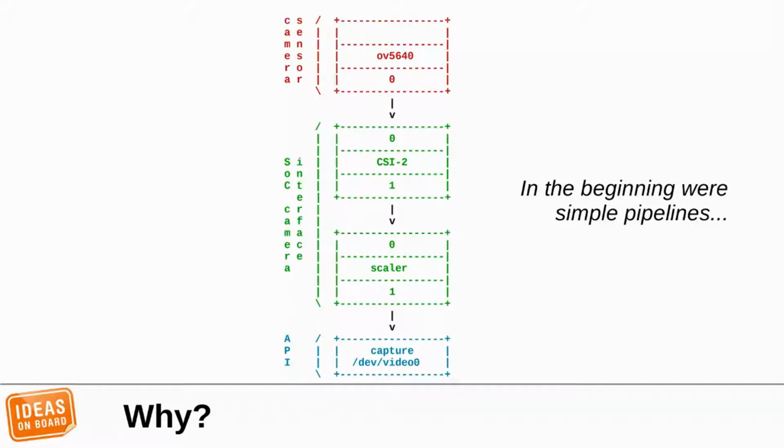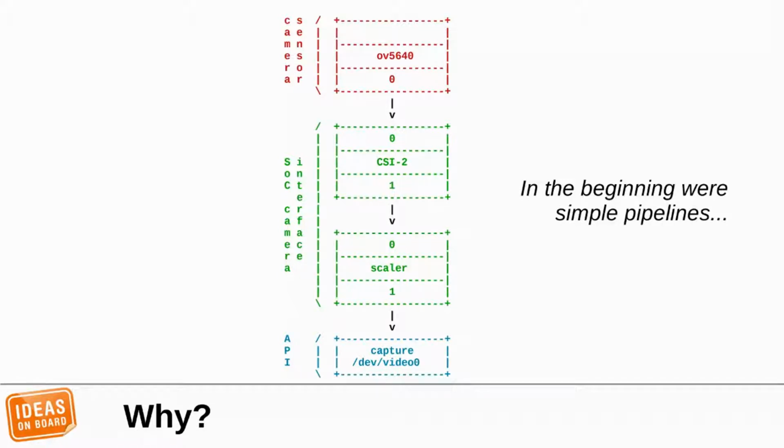We usually had a camera sensor attached to a simple camera interface on the SoC side, possibly with a bit of hardware to handle format conversion and scaling, and that's it. So that was fairly simple. You would have a V4L2 video node created by the driver that could be opened by any V4L2 compliant application, and you would be able to capture from your camera.